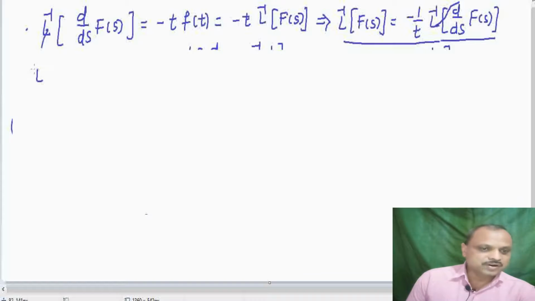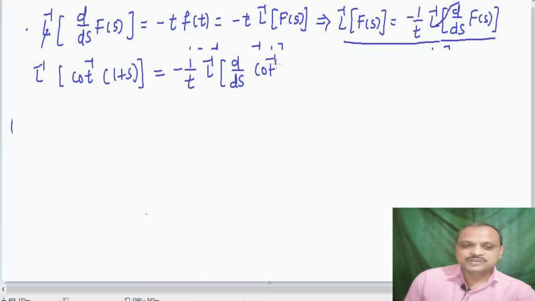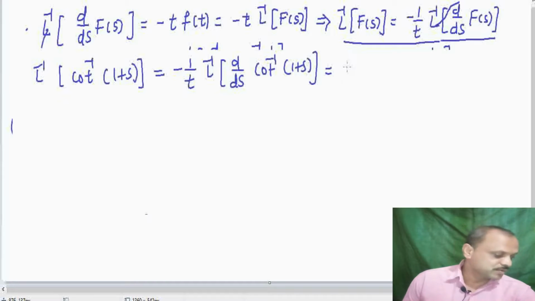L inverse of cot inverse of 1 plus s. And friend, you know we do not have a standard formula, so we write it as minus 1 by t into L inverse of d by ds of cot inverse of 1 plus s, equal to minus 1 by t into, what is the derivative?